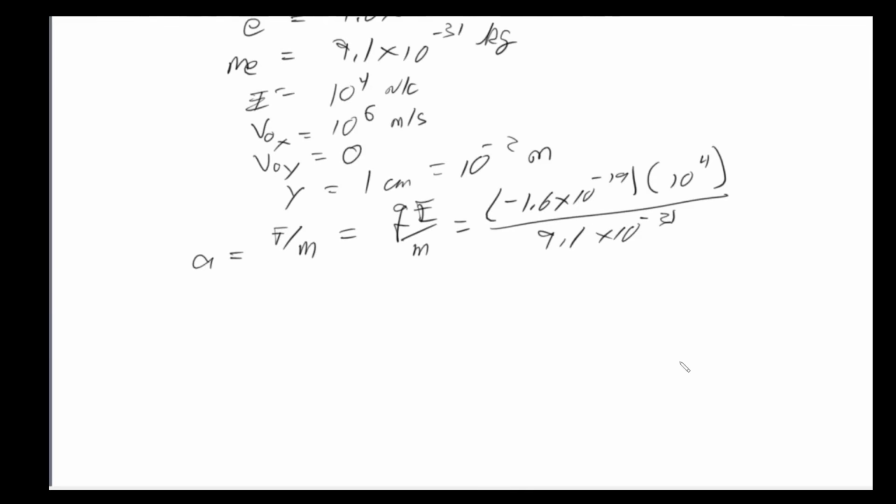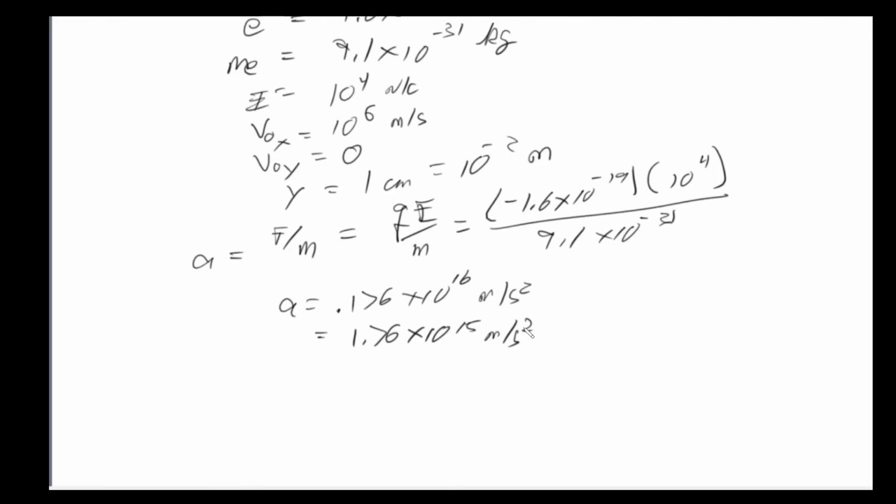And so what we end up getting is that the acceleration of the electron is equal to 0.176 times 10 to the 16th meters per second squared, or 1.76 times 10 to the 15th meters per second squared.